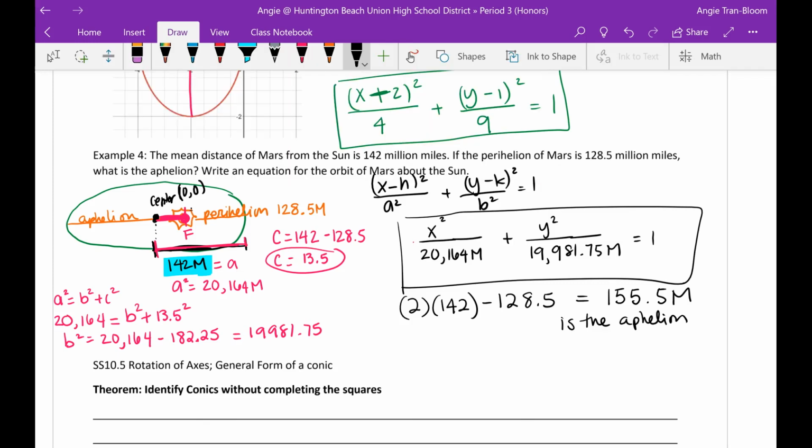This is really putting back into context what these words mean in the orbit of Mars around the sun. And this is the end of our example.